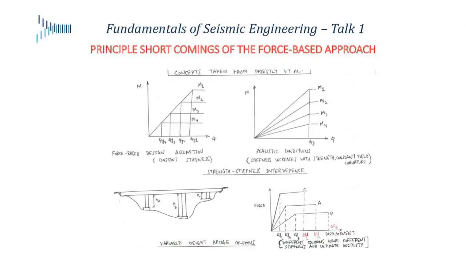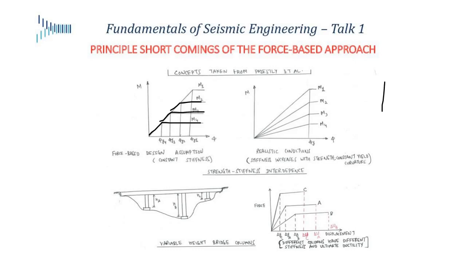Okay, so this is our assumption, really. We think that when we make something stronger, so this is a moment curvature graph, you see this thing goes elastic, plastic. I make it stronger, it goes up more, goes plastic. The issue is that in reality, that's not how things work.